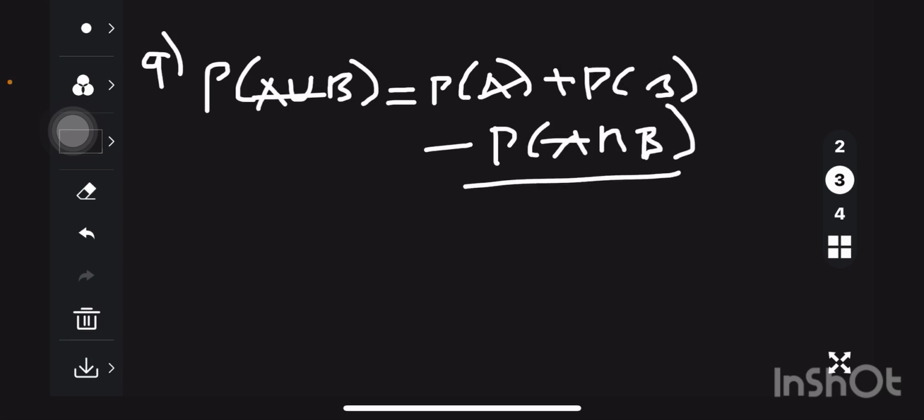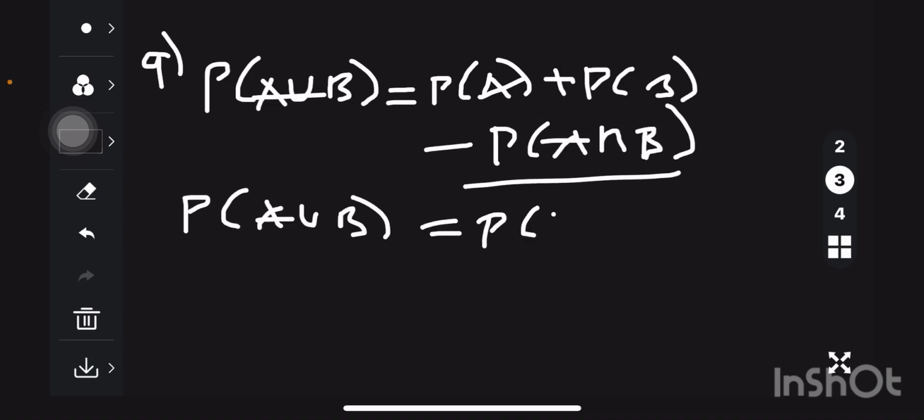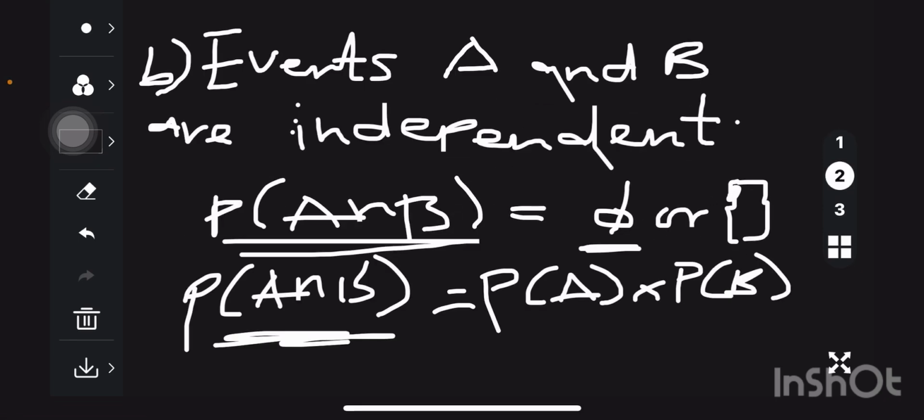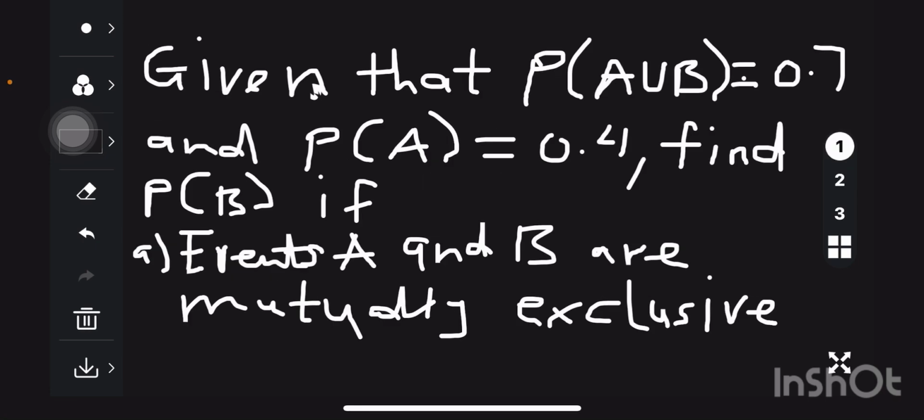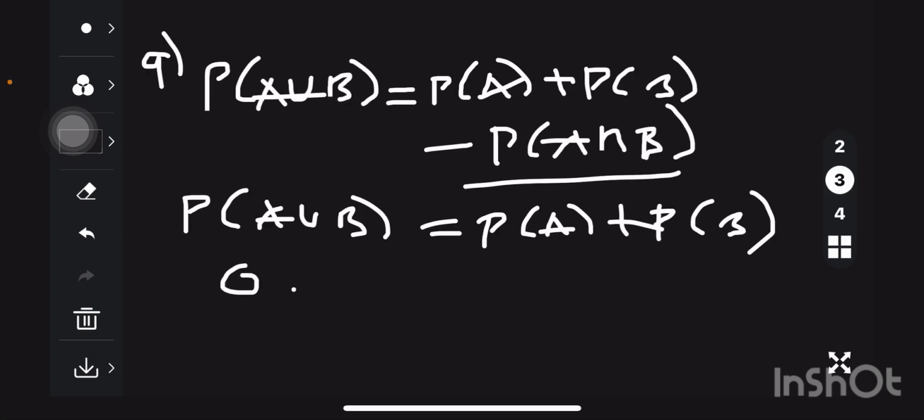But since the events are mutually exclusive, this part goes to 0, so we don't need that part. We consider only P of A plus P of B. Now we know that the probability of A union B is 0.7, and the probability of A is 0.4.